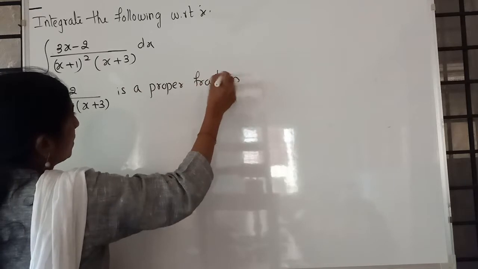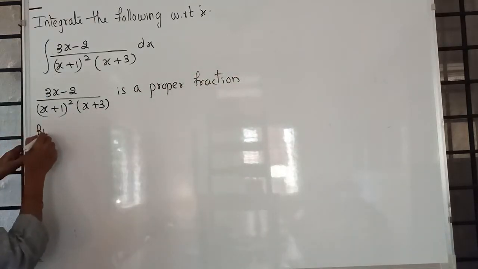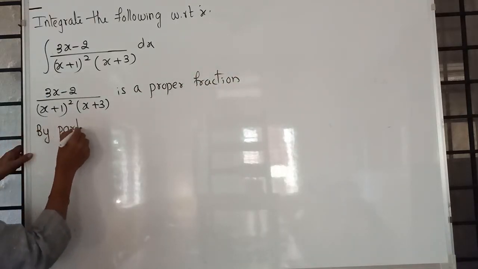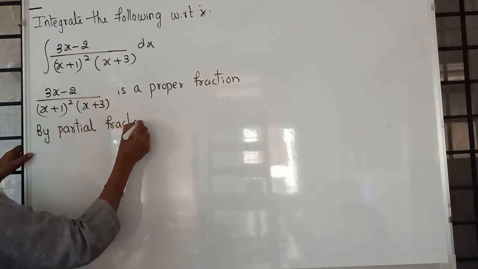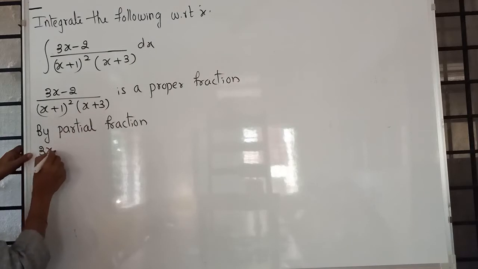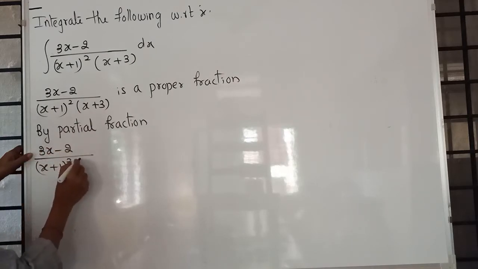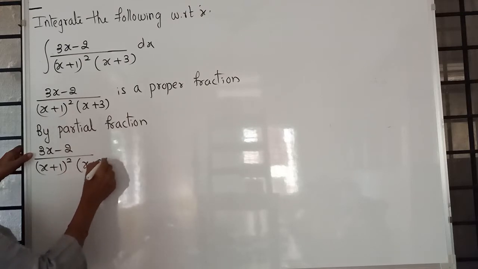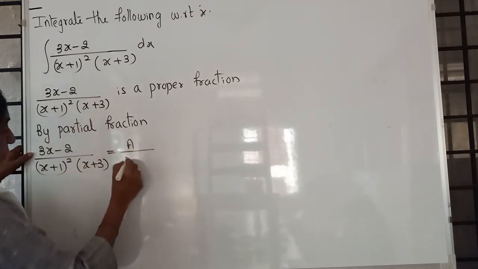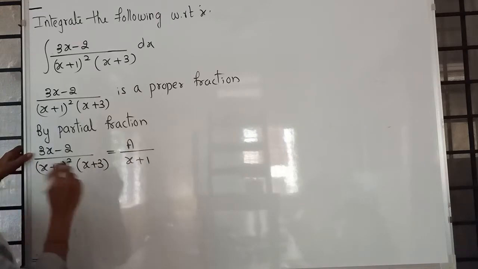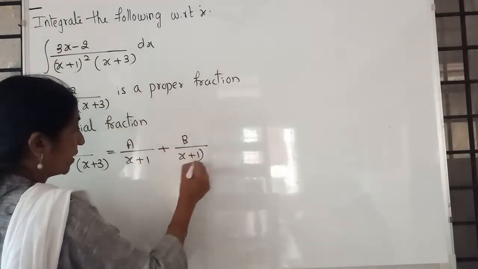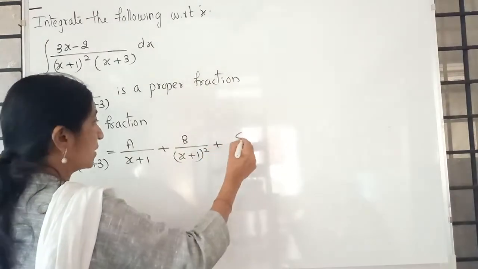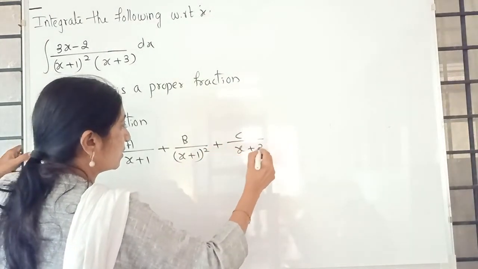See, first step is over. Next, by partial fraction, split this. 3x minus 2 upon x plus 1 whole square into x plus 3 is a upon x plus 1 without power, linear, plus b upon x plus 1 whole square plus c upon x plus 3.